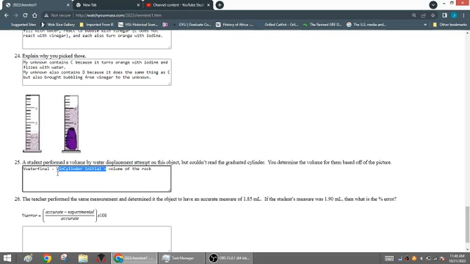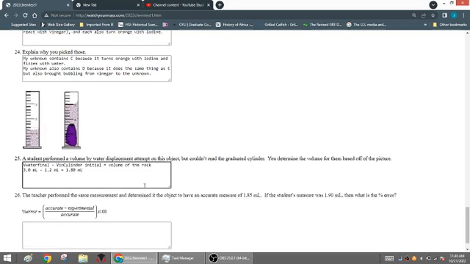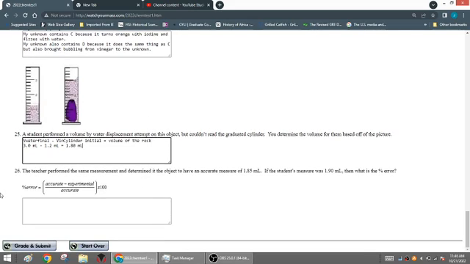Final is 3.0 milliliters minus 1.2 milliliters equals 1.8 milliliters. Should probably be 1.80, but if you put 1.8, I gave it to you.